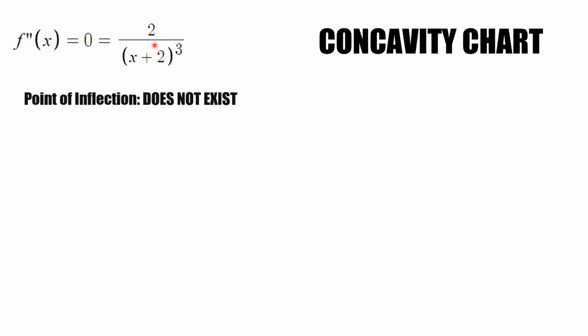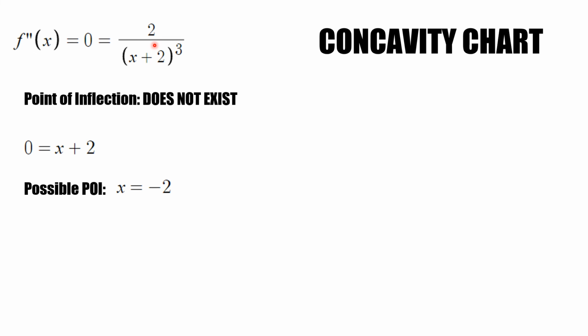Now it's time to make a concavity chart based on the second derivative that we have found. As you can see here, this is the second derivative, but if you may notice, in order to find the point of inflection, we must solve for x. However, the point of inflection in this case does not exist because we are unable to solve for x. However, we can assume that x is equal to -2 as a possible point of inflection because we do not have a real point of inflection.